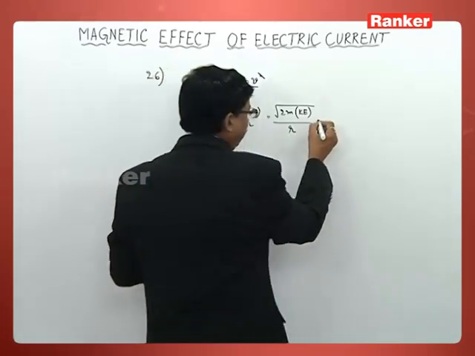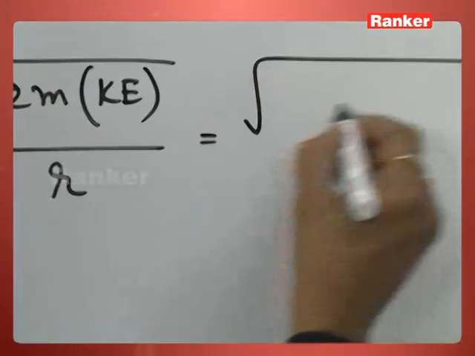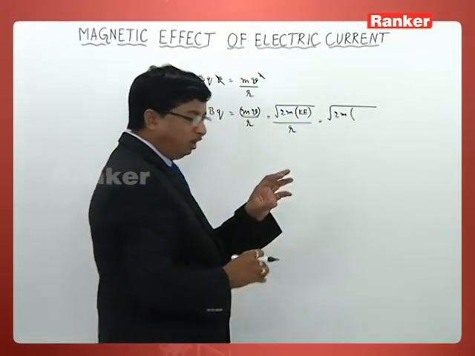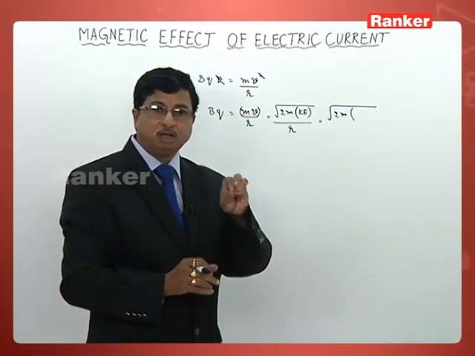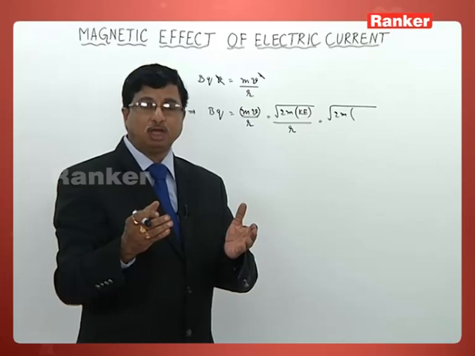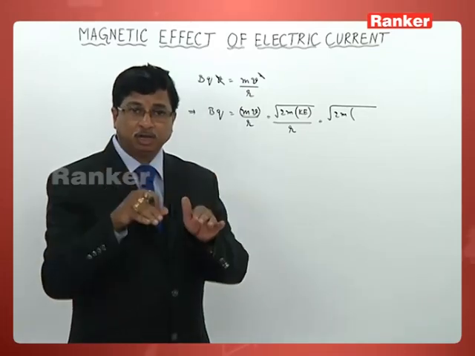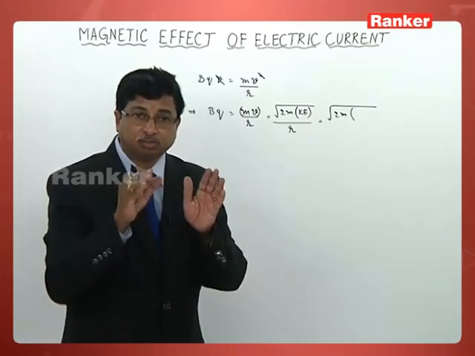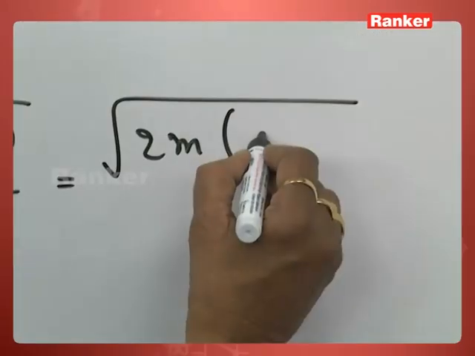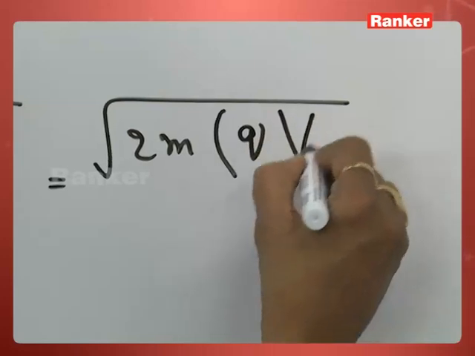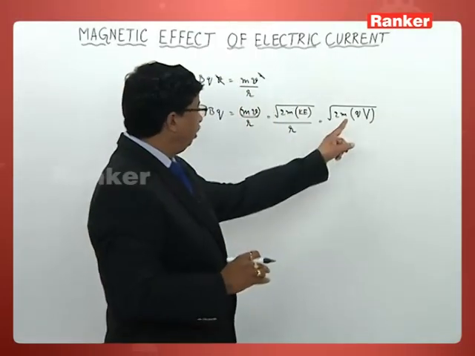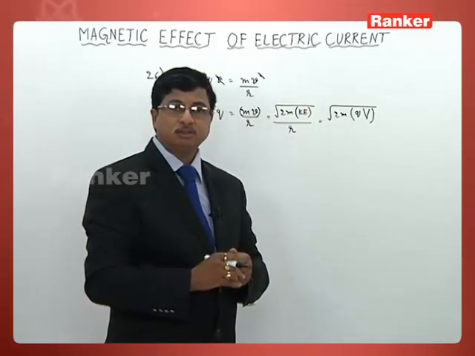Same formula I rewrite in a different way. Look at 2m into what is the energy gained by a particle when the potential difference applied across that particle in the form of an electric field is V. So what we should write here is QV, Q being the charge and V being the potential difference.